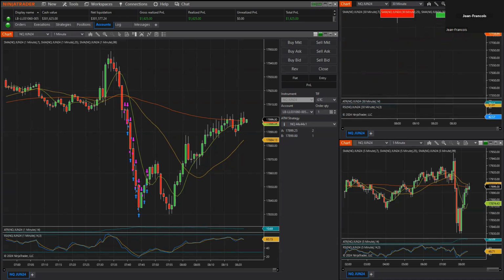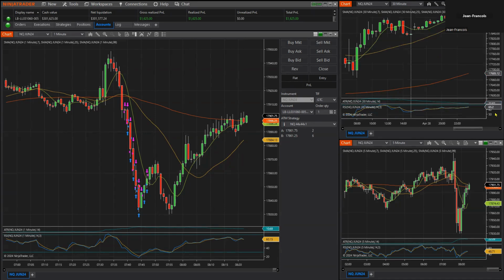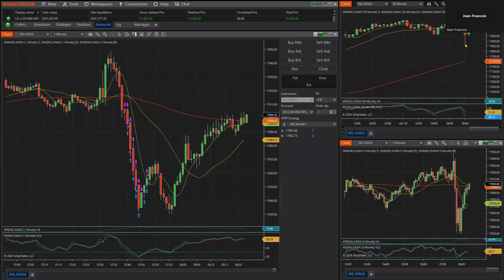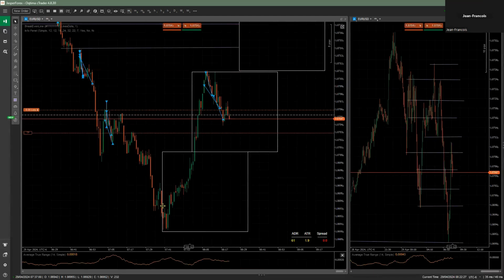That gap right there needed to get filled. And so we did that right at the open. And so that's where I made the money. Now we're selling the euro.